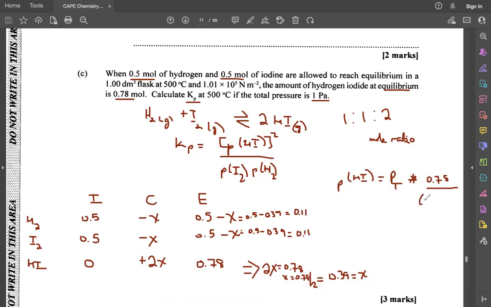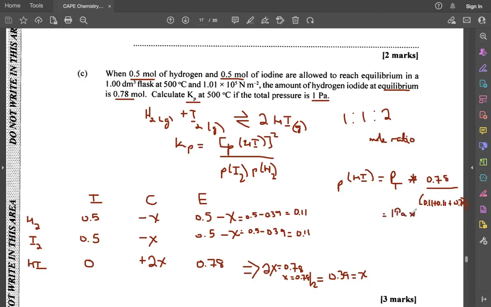Let me just write that out for completeness. The total moles that we're calculating there is 0.11 plus 0.11 plus 0.78. So this is just a mole fraction calculation, right? PT is the total pressure, that's 1 Pascal, that's what they told us.